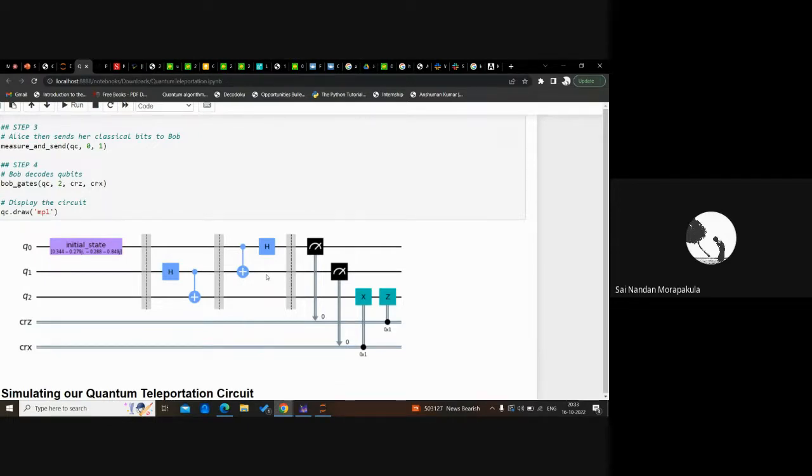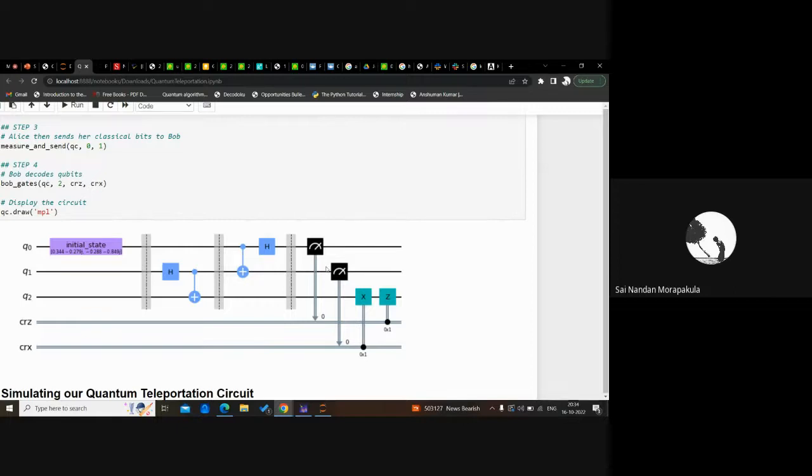Where quantum teleportation and the no cloning theorem differ is this: in the no cloning theorem, you cannot destroy the information. For example, you cannot destroy the original painting and create a new painting that is exactly the same as the original. There is no chance of destroying the original thing. But here, once you measure the information that Alice has, that is destroyed, so you cannot go back to that.